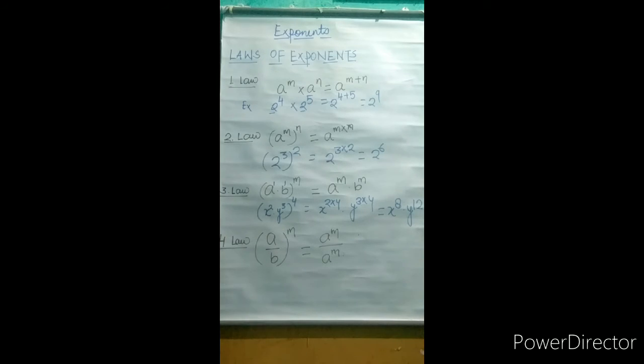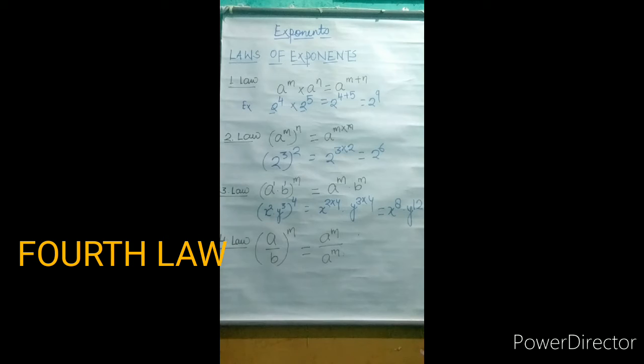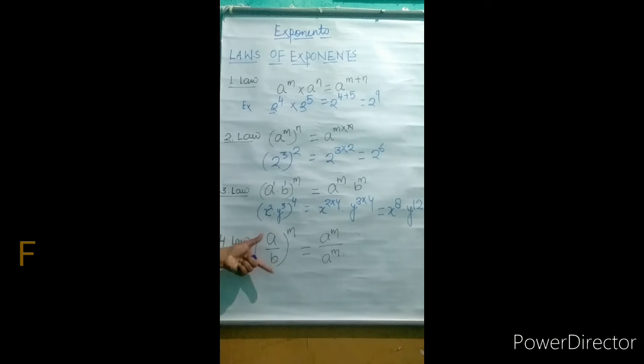So here is the fourth law. In the same way, if in division, in a fraction a over b, the whole power is given as m, then this power will distribute on both. So this m power will multiply with a's power 1, and m power will multiply with b's power 1.